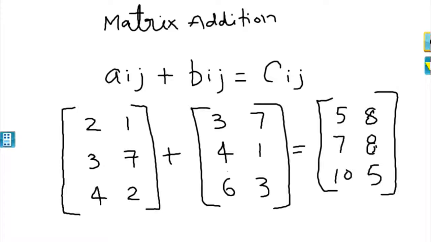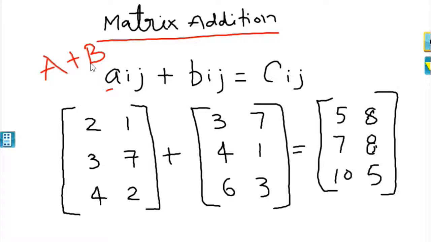If we want to add two matrices A and B, what we have to do is simply add corresponding elements in both matrices to obtain the third matrix.